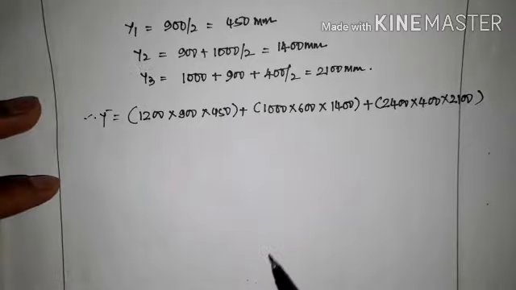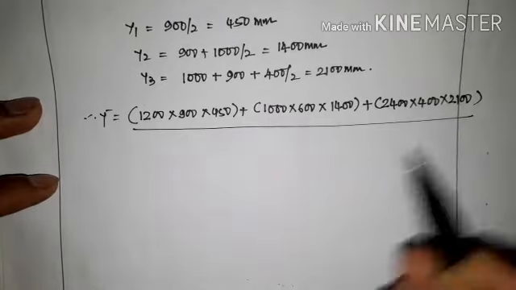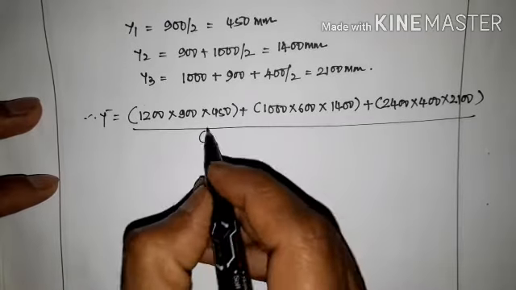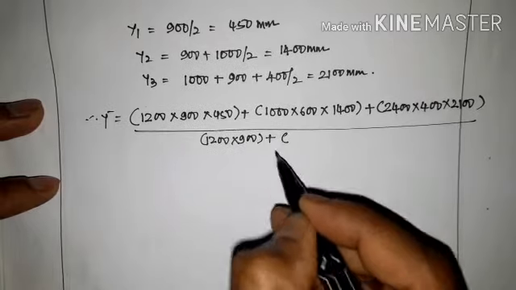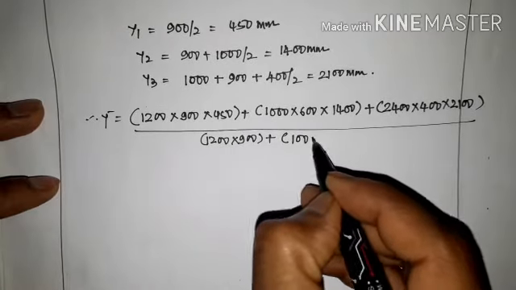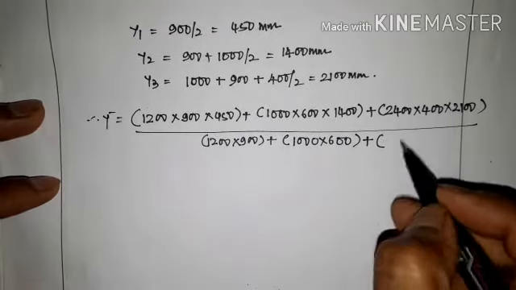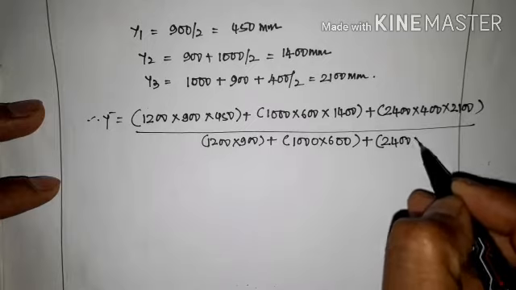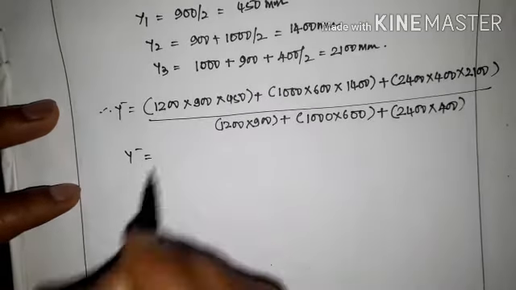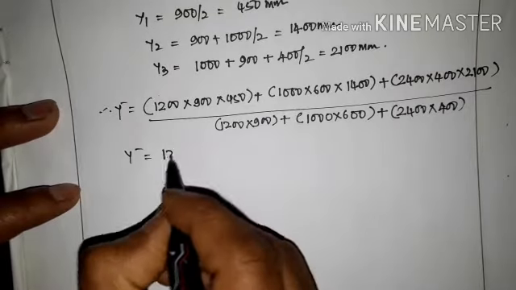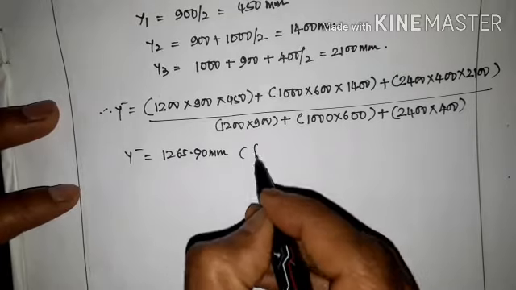So that is a1 y1 plus a2 y2 plus a3 y3 divided by the summation of area, that is 1200 into 900 plus 1000 into 600 plus 2400 into 400. So we get y bar equal to 1265.90 mm, from the bottom.